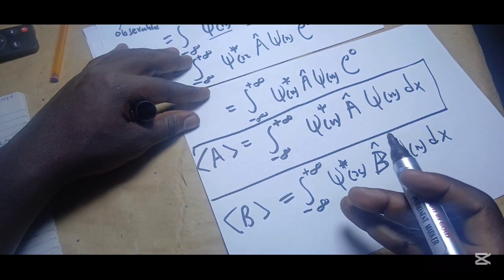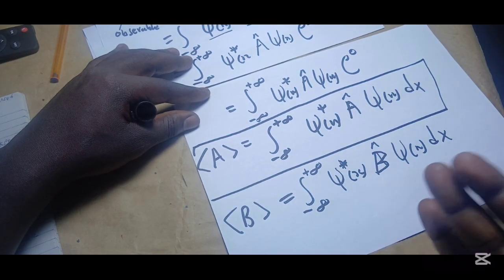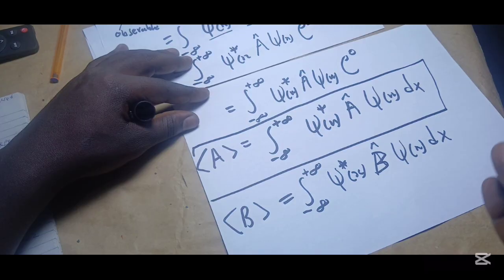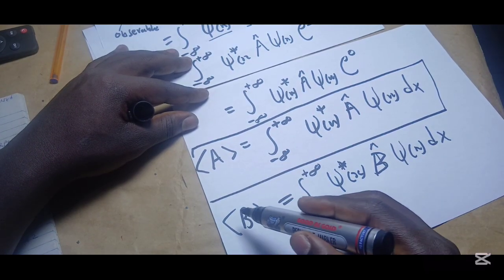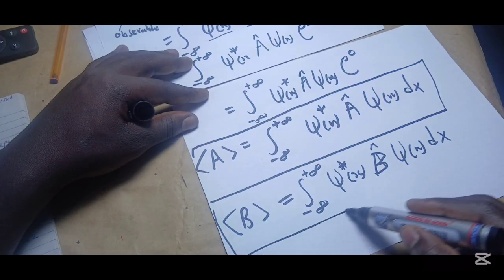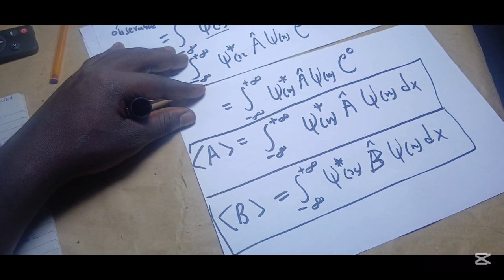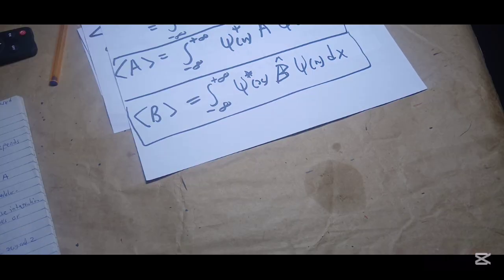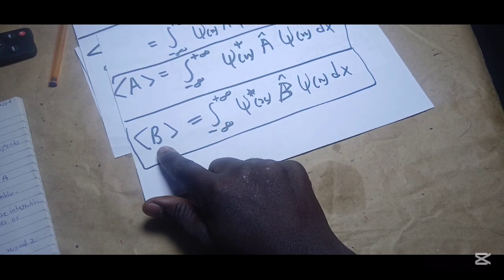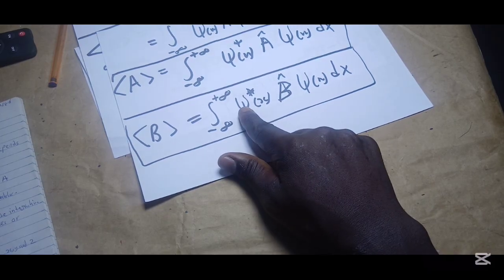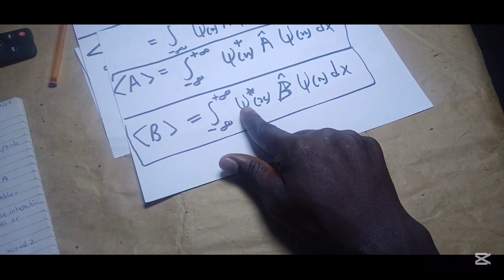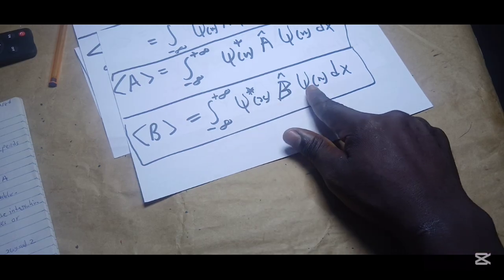If it is not from negative infinity to positive infinity, if we are given other intervals, you are going to use that interval. But this is the general definition for expectation values, where B here is the observable and B hat is the operator of the observable, and psi star is the complex conjugate of the wave function psi.